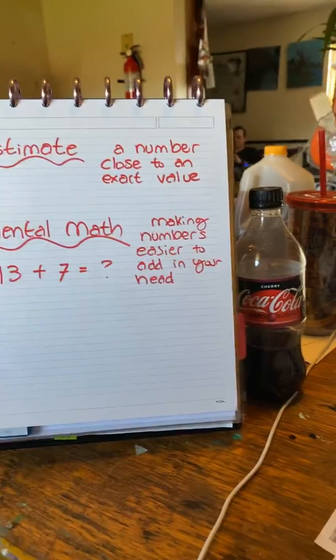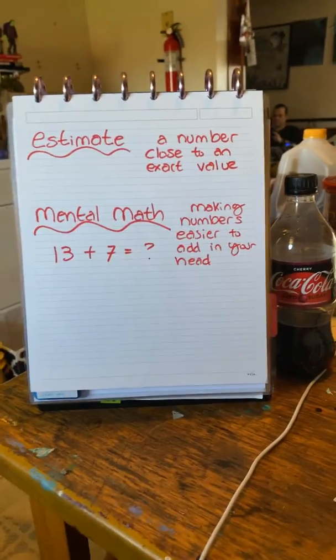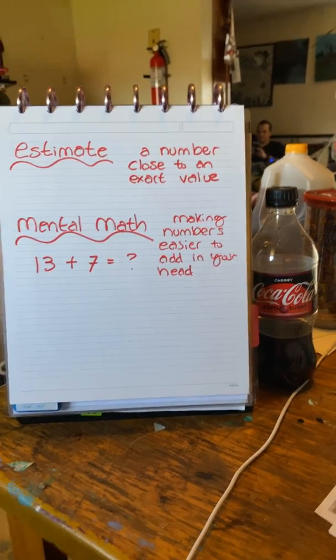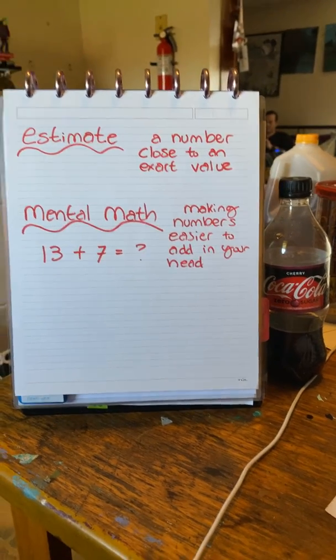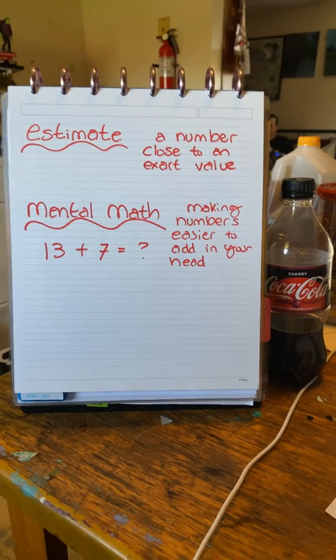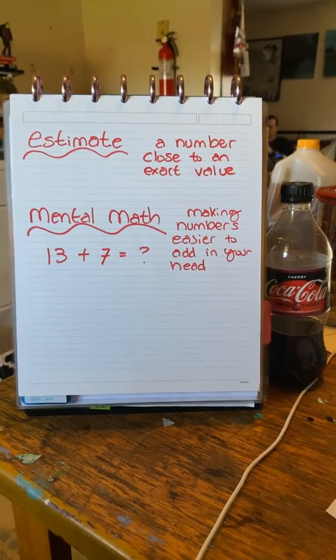Well, when I am talking about how much I'm going to spend at the store, I'm going to round that down to $2 and say it's about $2. So when you're estimating, a good keyword to listen for is that word about. It tells you it's not an exact number, but it's going to be close.